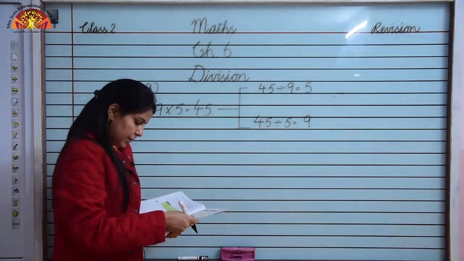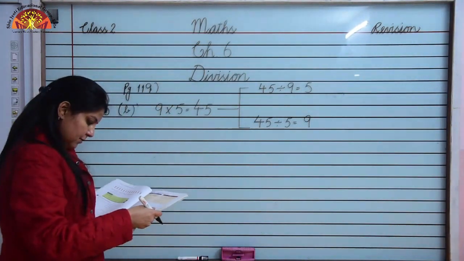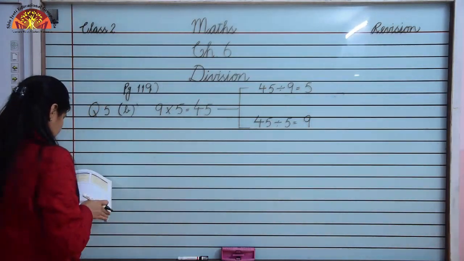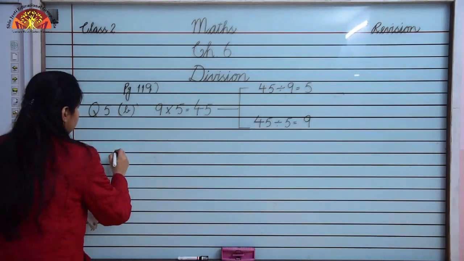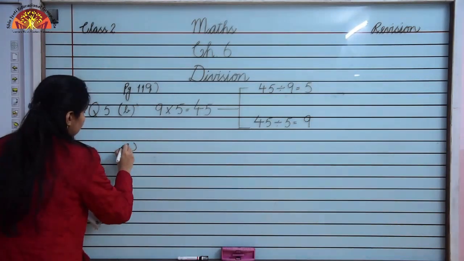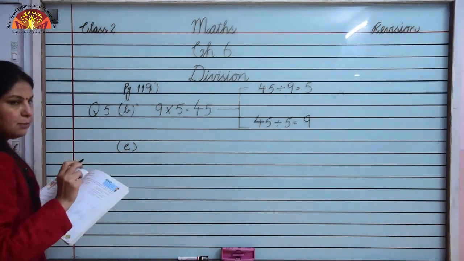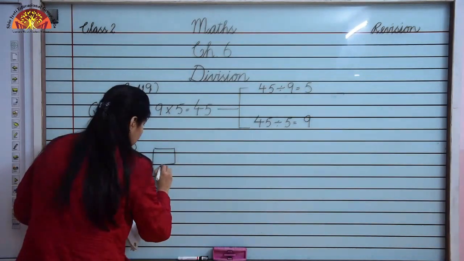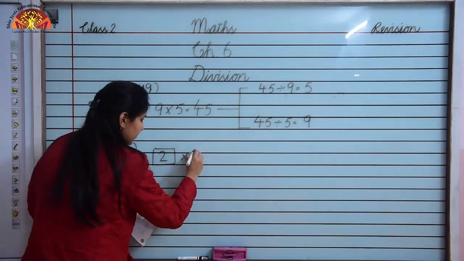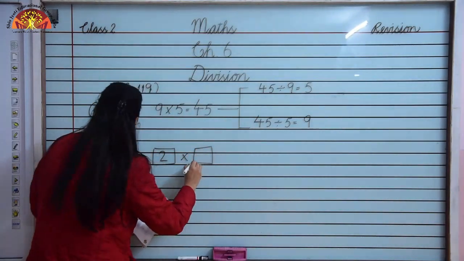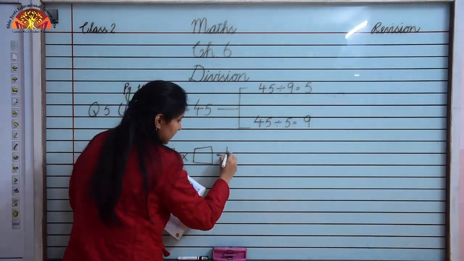Now division fact is given to you. Now we will see question number E. This is the part of question number 5. Okay. Multiplication 2 multiply blank is given here. Now again blank is given here.